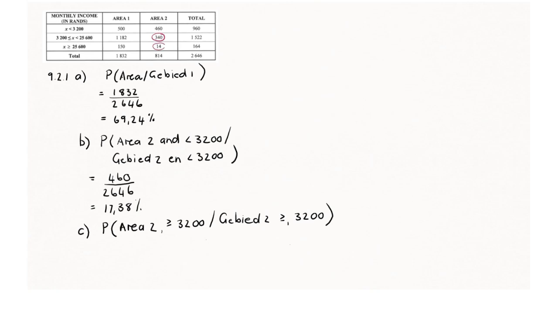So we take the 340 and we add 14. Then we divide this answer by the total number of people in the sample space, and that is 2,646. We can also write this as a percentage, and that is 13.38%. In this question, you get 2 marks for the answer.